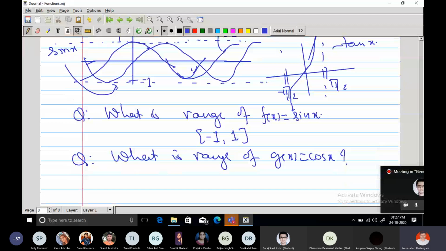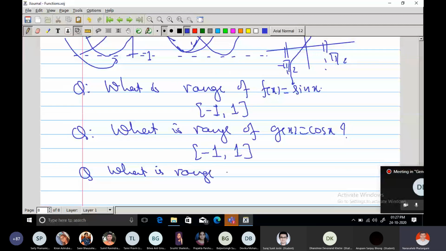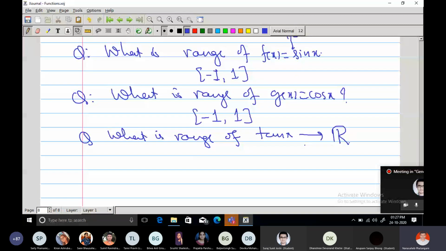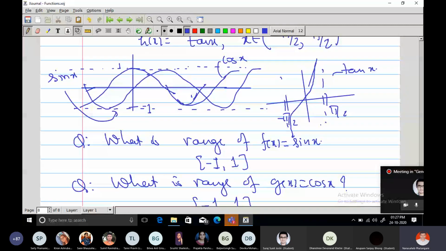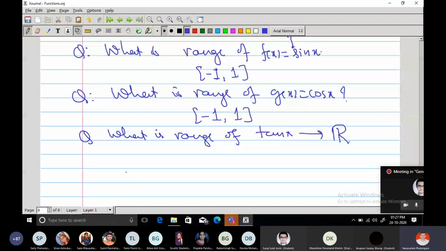Now what is the range of tan x? All real numbers, because it attains every value. Even though your domain is very small, minus pi by 2 to pi by 2, it takes all real numbers, so the whole set of real numbers is the range. Fine. Now we'll see the next example.